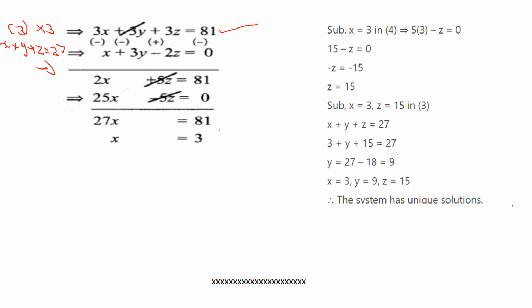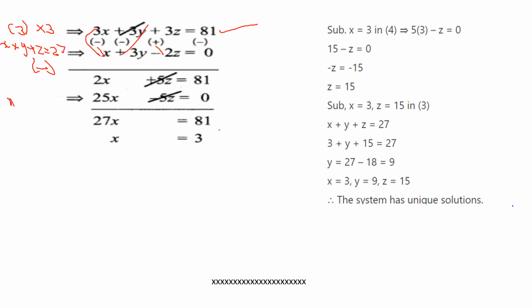Subtract means we have to change the sign of the second equation: plus x becomes minus, plus 3y becomes minus, minus 2z becomes plus, and 0 minus. And 3x minus x is 2x, minus 3y unlike signs cancel, plus 3z plus 2z, 5z equal to 81 minus 0, 81.